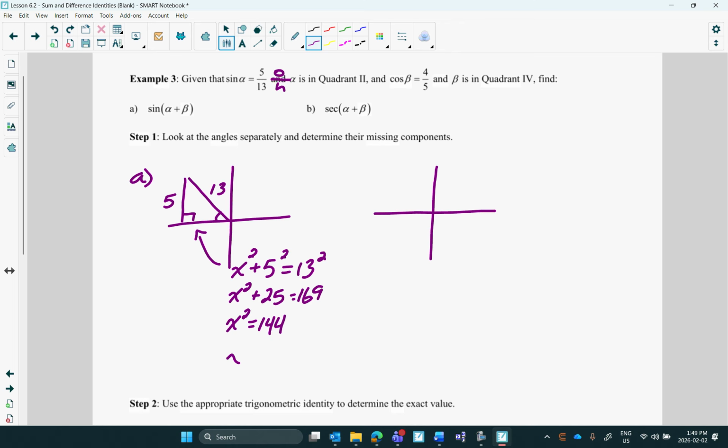And x is going to be, be careful, do it like this, you guys, plus or minus, write this, 12, because you can take the square root of 144. But reject the positive. Why, Sonia? Because this horizontal side is in quadrant 2, which means that it's negative. Okay?